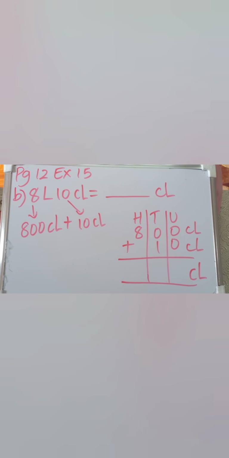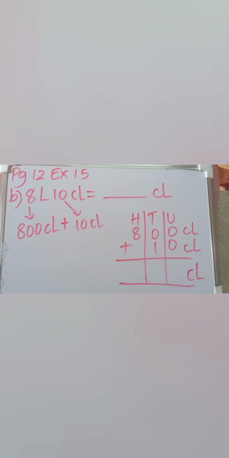So part B we have 8 liters 10 centiliters. So 8 liters is 800 centiliters plus 10 centiliters. Let's work it out together. You have to draw the columns. As you can see, 8 liters is 800 centiliters.